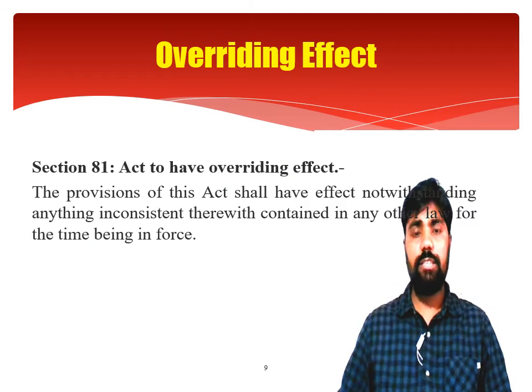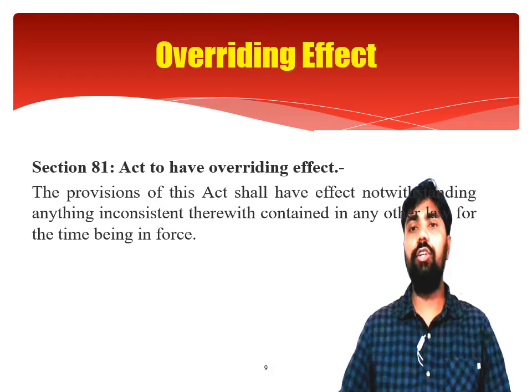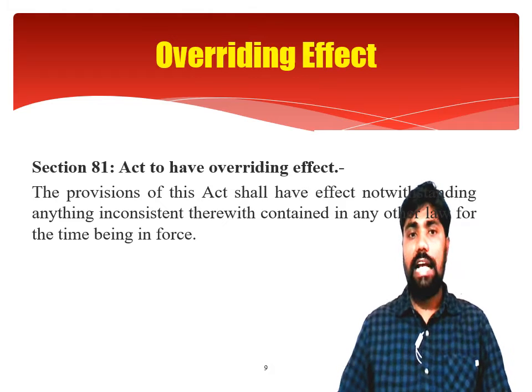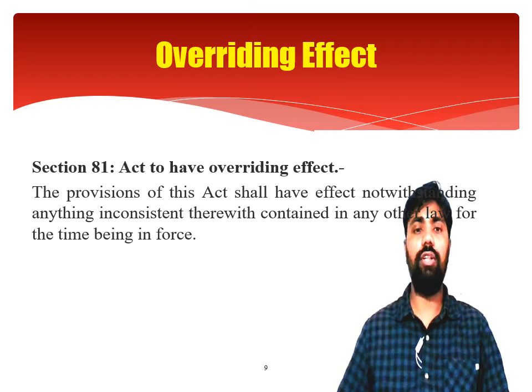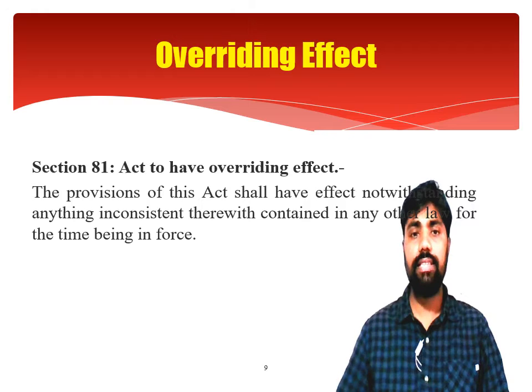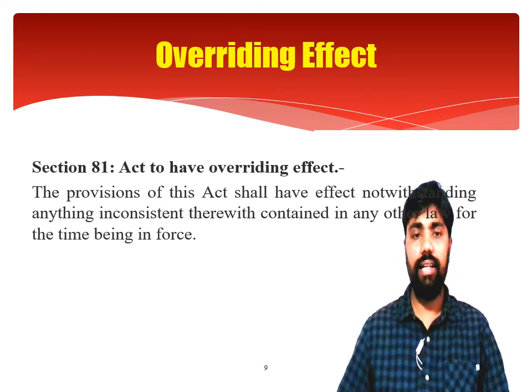Another important aspect of the Information Technology Act is the overriding effect. As per Section 81 of the Information Technology Act, the Act has overriding effect. The provision says the provisions of this Act shall have effect notwithstanding anything inconsistent therewith contained in any other law for the time being in force.